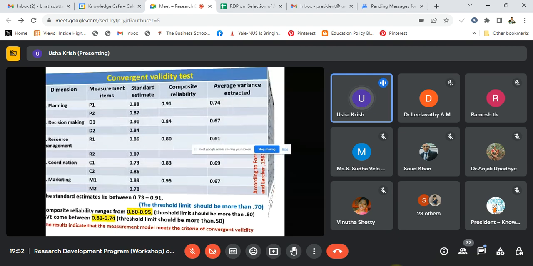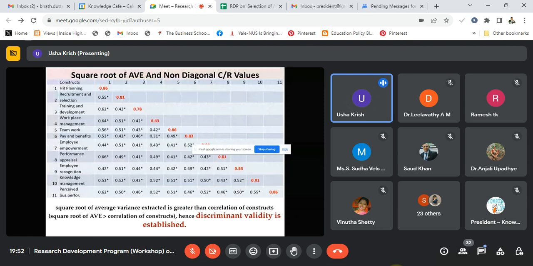The second table in CFA is the discriminant validity test. In this table, you can see a few values put in red color. They are obtained by finding the square root of average variance extracted. The square root of average variance extracted values are highlighted here. The remaining are correlation values.